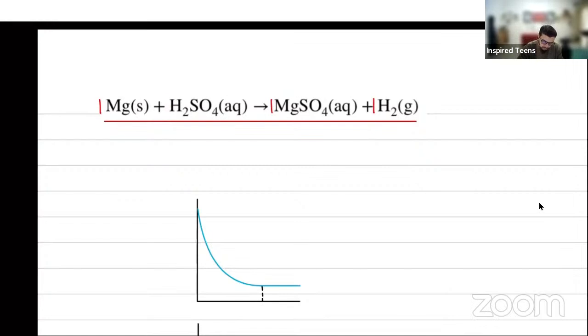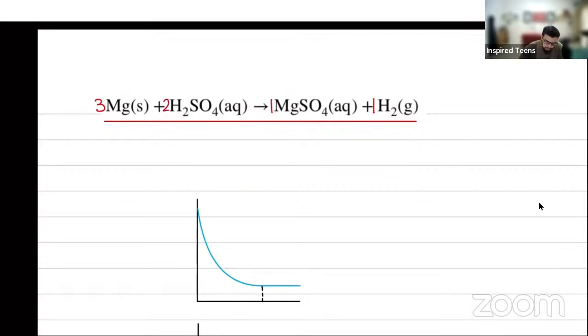Let's change this molar ratio. Let's change this to 3, and let's change that to 2.